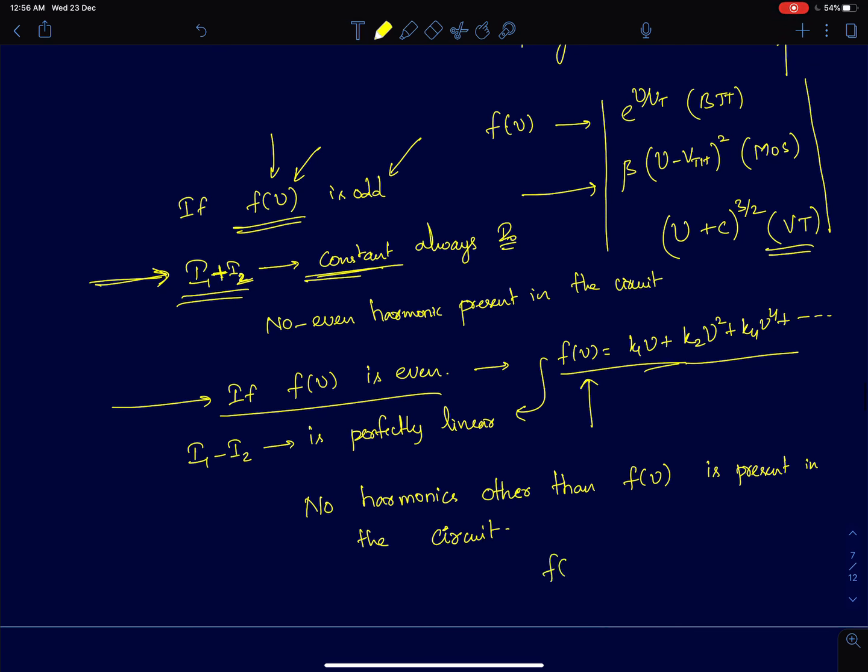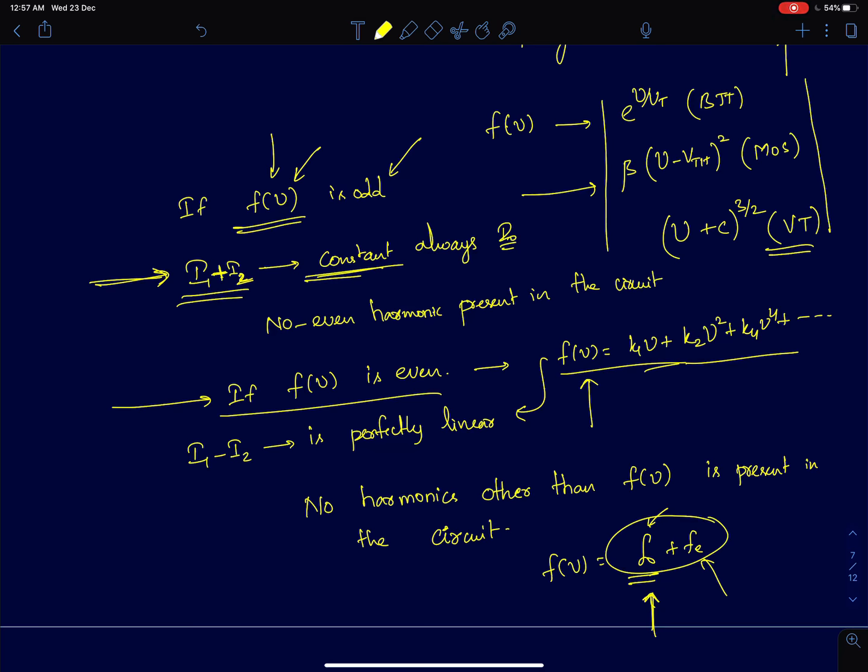If I split f of v into an odd function and an even function, we showed that the differential currents in the devices contain only odd harmonics, and the common mode current, which is the current drawn from the supply, contains only even harmonics, and the individual device currents I1 and I2 contain both even and odd harmonics. That's the conclusion that we have drawn for a differential amplifier with voltage biasing.